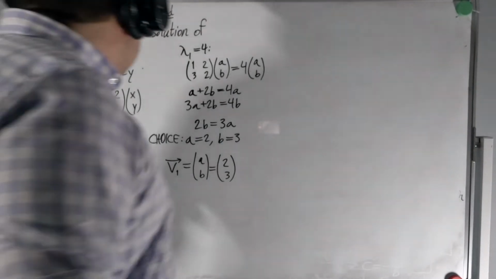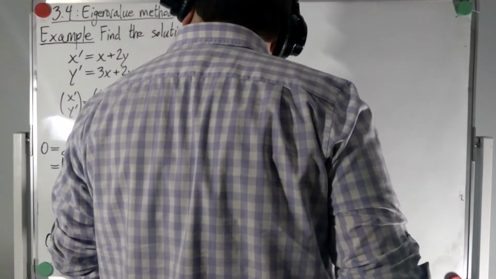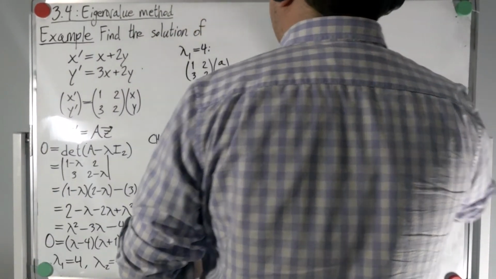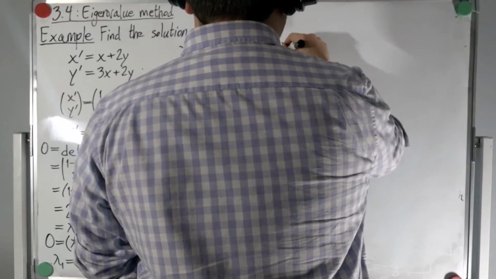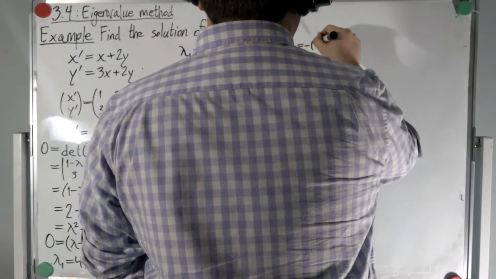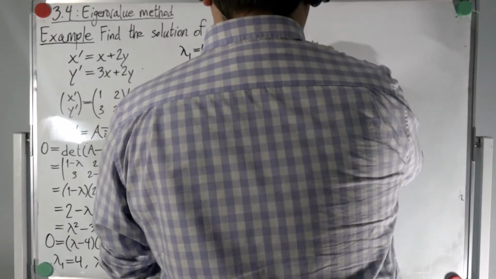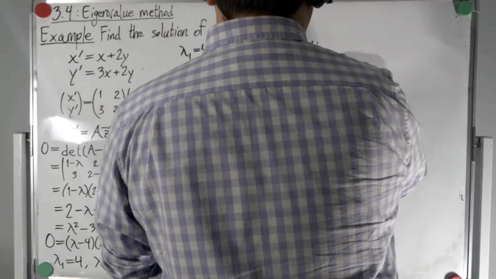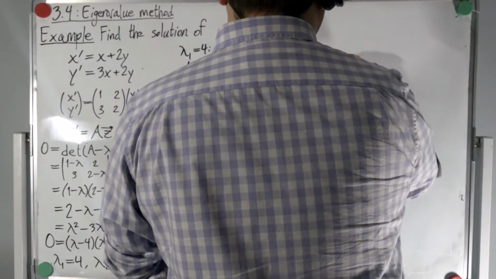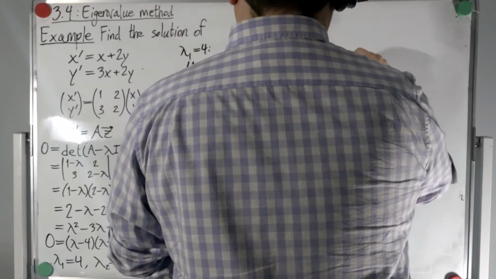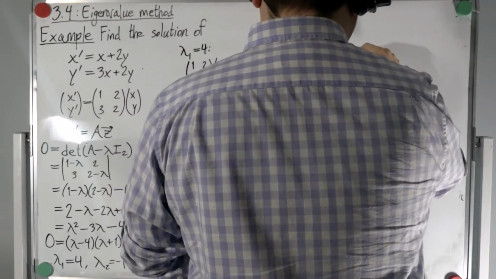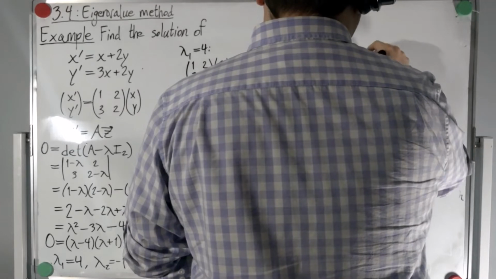Now let's find the eigenvectors associated to lambda 2, which is negative 1. So those would be solutions of 1, 2, 3, 2 times, let's call it c, d, equals negative 1 times c, d.